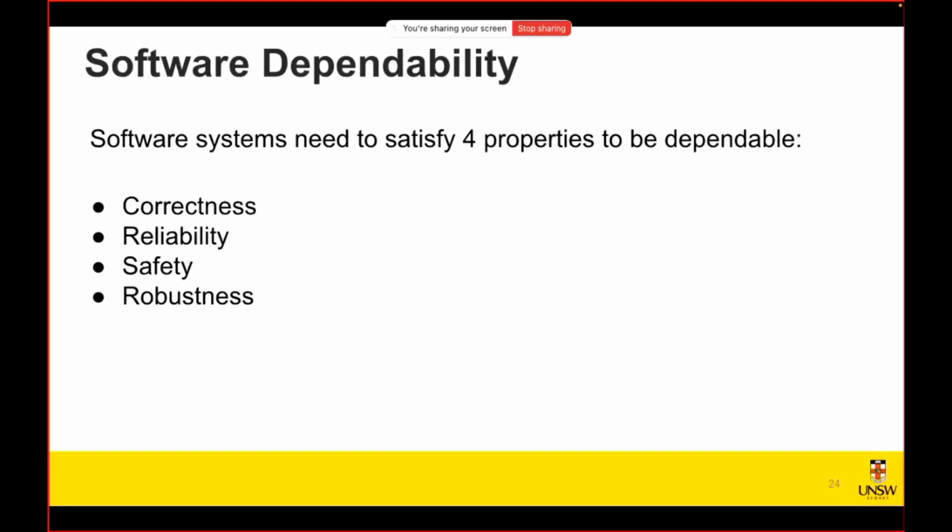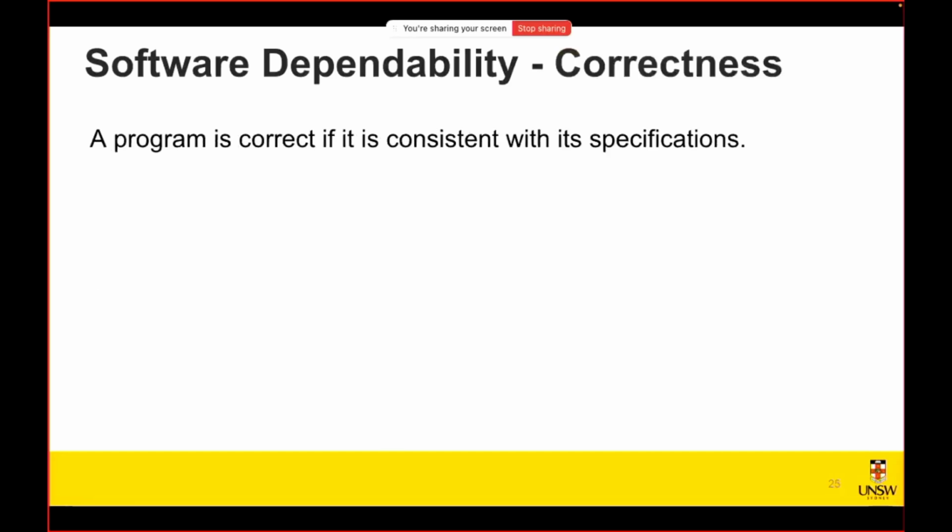So, okay, let's continue. There are four desired properties that can be used for describing dependable software. Now let's jump into the detail one by one. The first one is correctness.